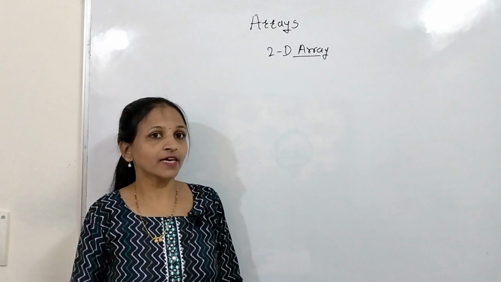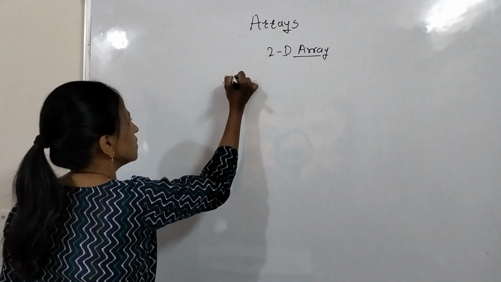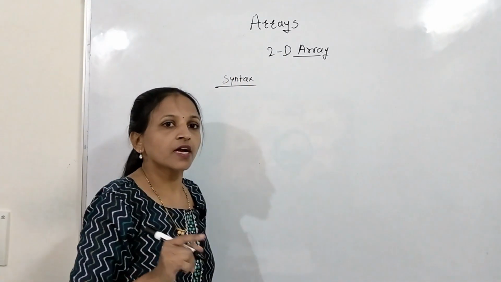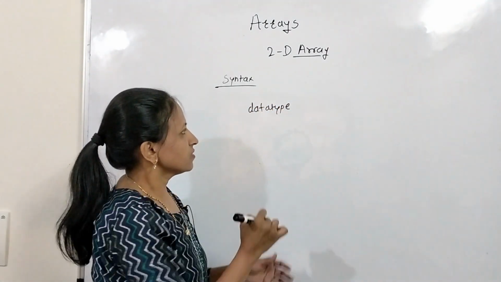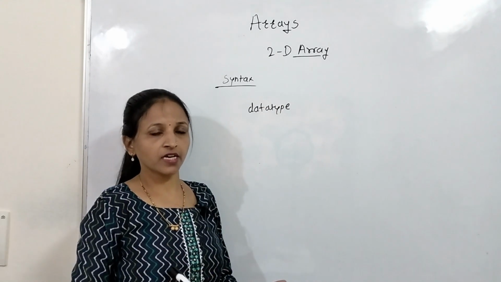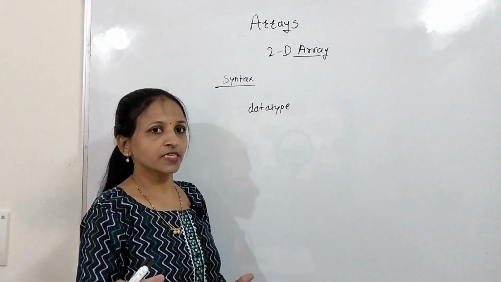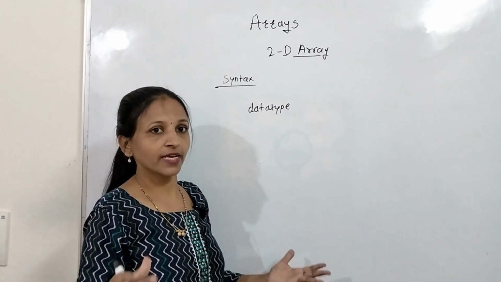Now how to declare a two-dimensional array? The syntax is like this. Here first we have to write the data type. Then, just like a one-dimensional array, in a one-dimensional array also we write the data type, then the name of the array, and then the size. Size is nothing but the number of elements in that particular row, that particular array.